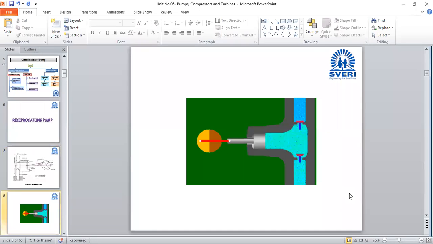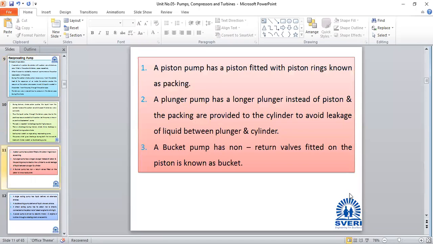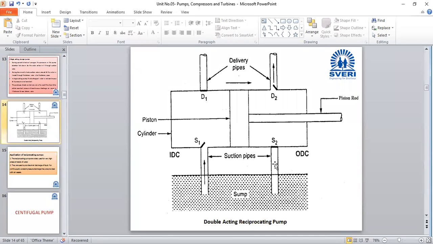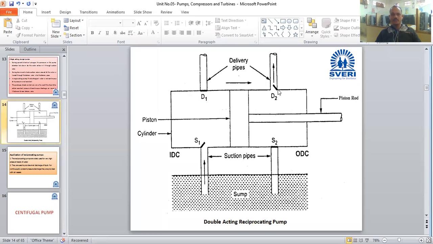In the double acting reciprocating pump, there is a simple change in structure, that is here. Two pipes are added to the single acting reciprocating pump, one from the suction side and one for the delivery.